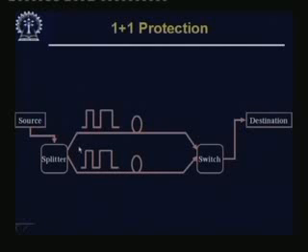So, this is some kind of hot redundancy which we have. That means both the things are on. There is a redundant source of information at the destination side. So, if the primary one fails, the secondary one is already on. Okay. So, this is all very good. So, protection would be very fast.